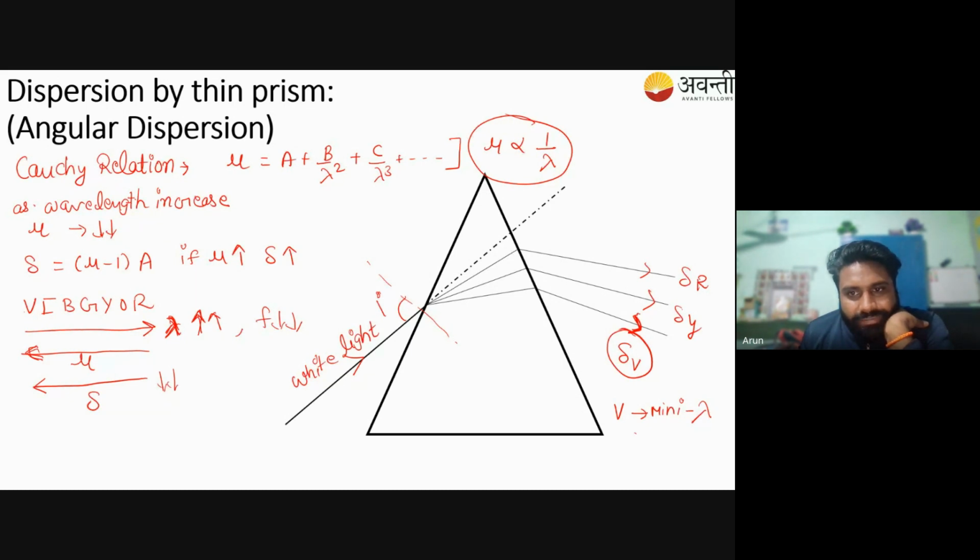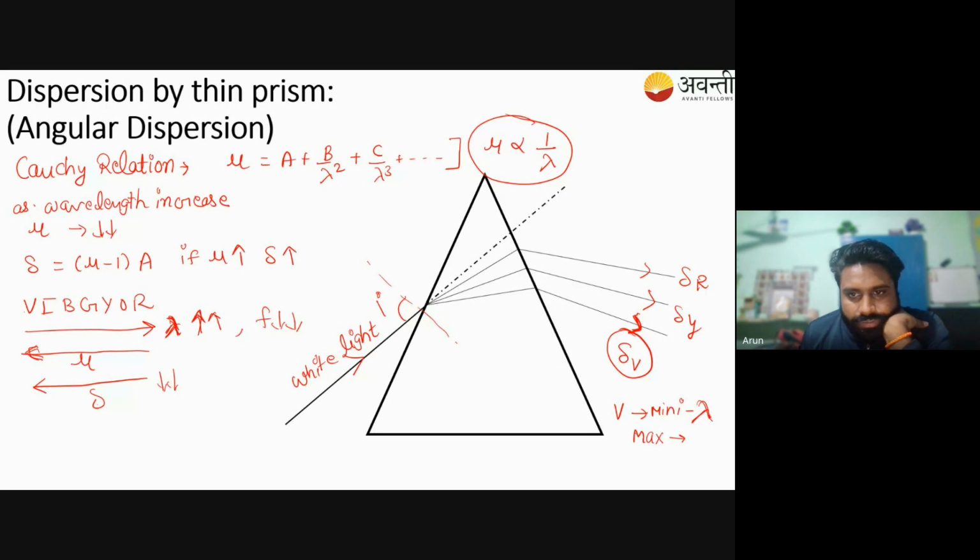So if lambda is minimum, this delta would be maximum.